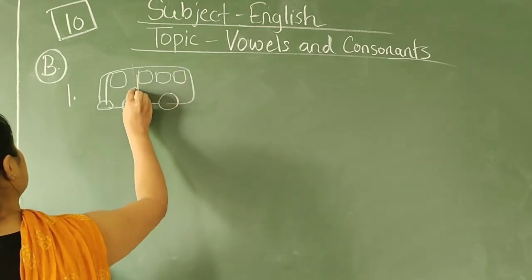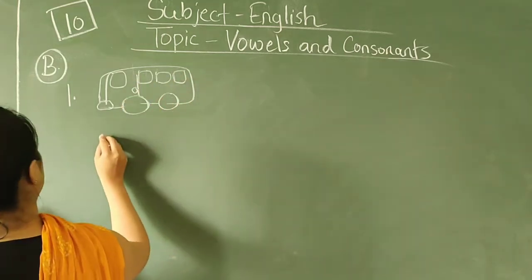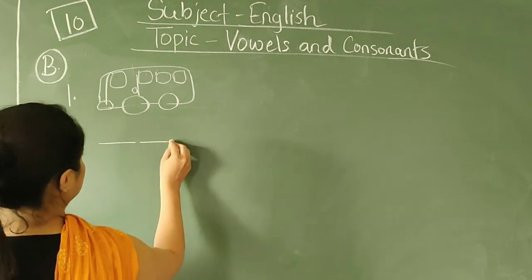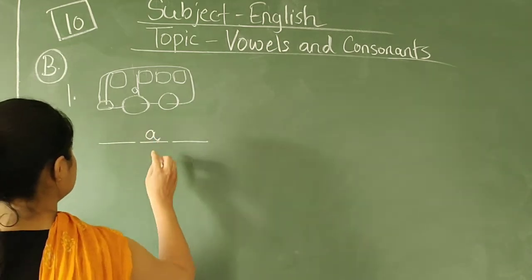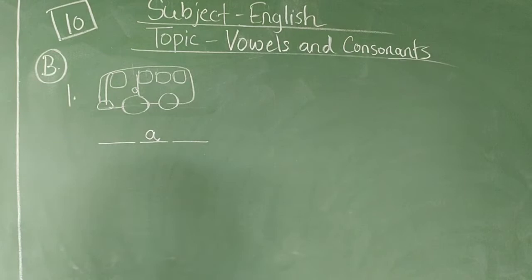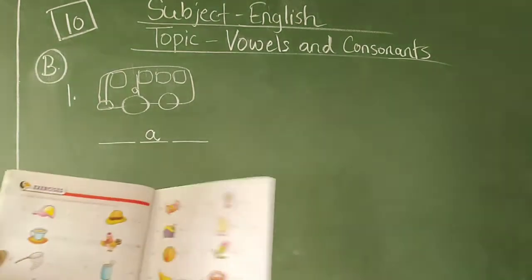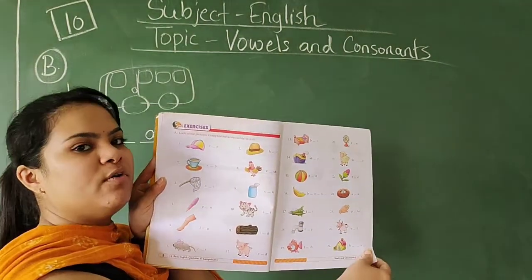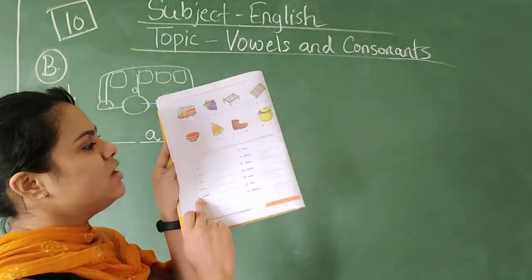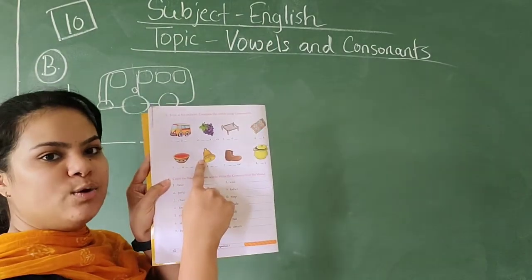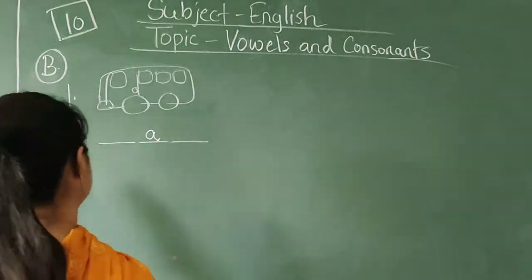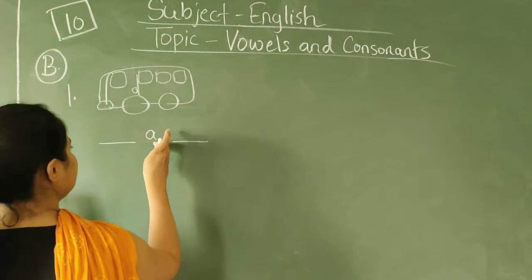Here a vowel is written, and we have to write down the consonant letters. Just as in question A we wrote the vowel letters, here in question B the vowel letters are already written, and we have to write the consonant letters.